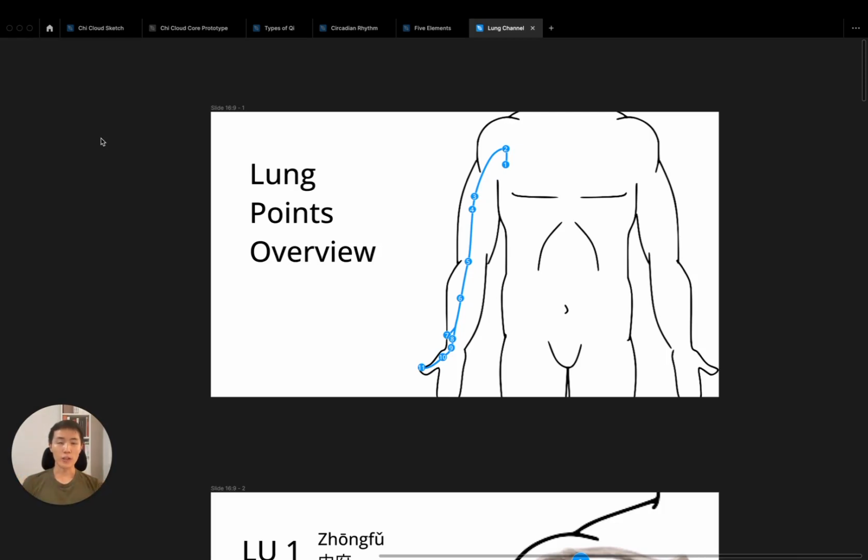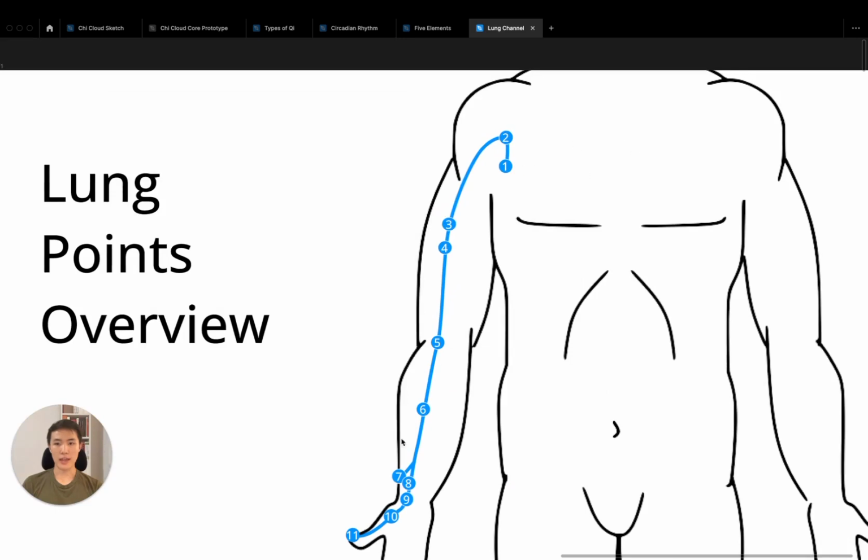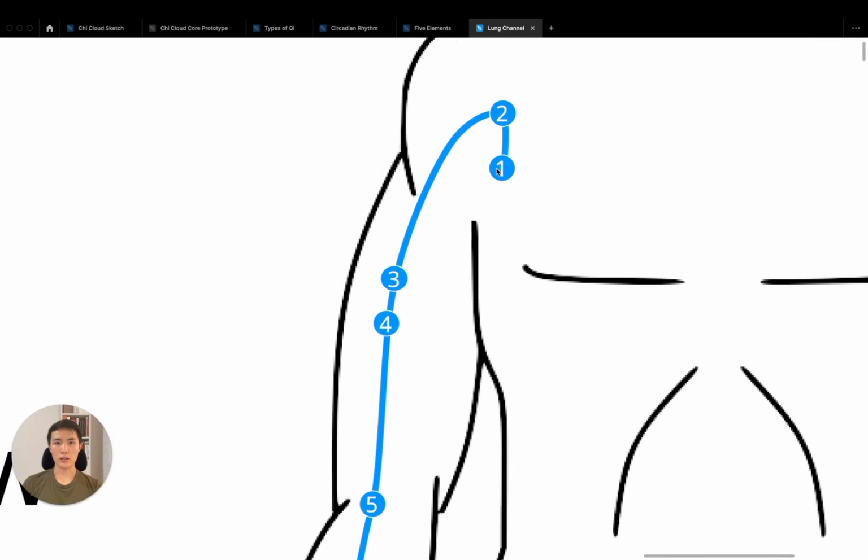So the lung channel has 11 points total, and we're going to first go over the overall direction of how the lung points are arranged. The lung points start at the chest and end at the thumb, and so they start on the lateral aspect of the chest.